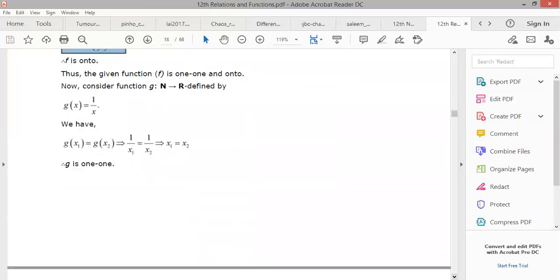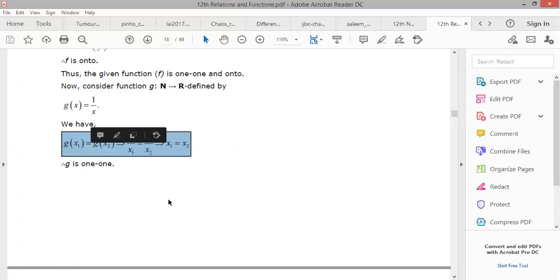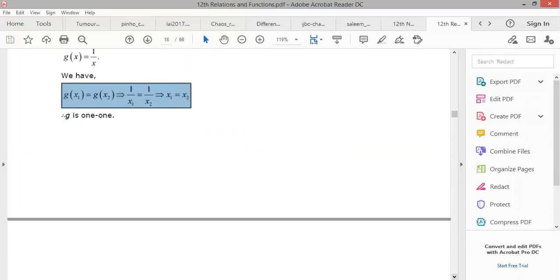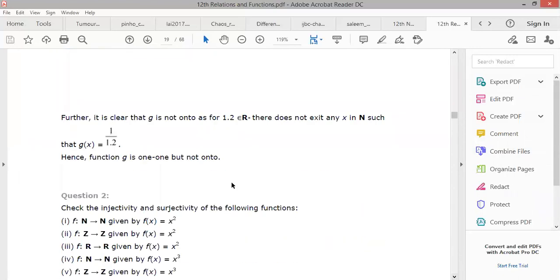Now let's change the domain set. Instead of R star, we'll take N. So g of x is equal to 1 by x. Once again, we will take g of x1 is equal to g of x2. That again implies x1 is equal to x2. So it's 1-1. The next is we will check its onto criteria. For that, we will take one point in the codomain set and check whether there exists a preimage in the domain set or not.